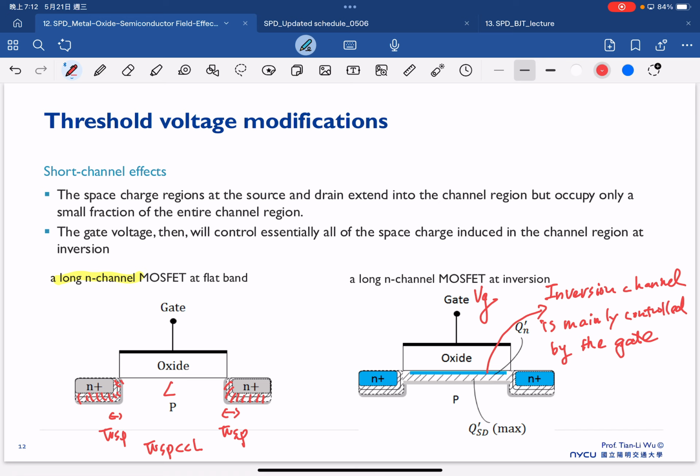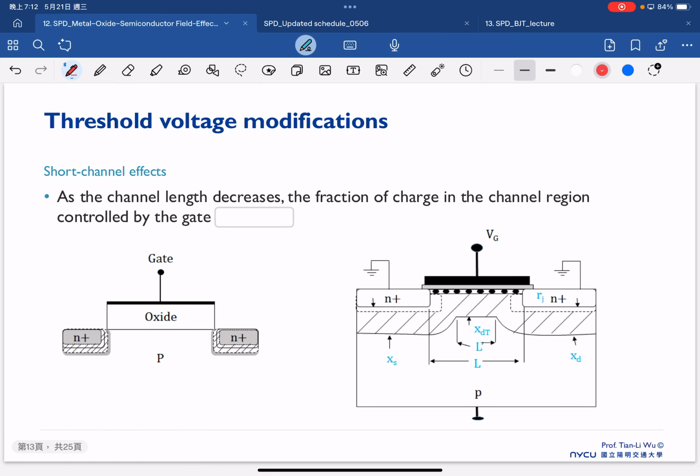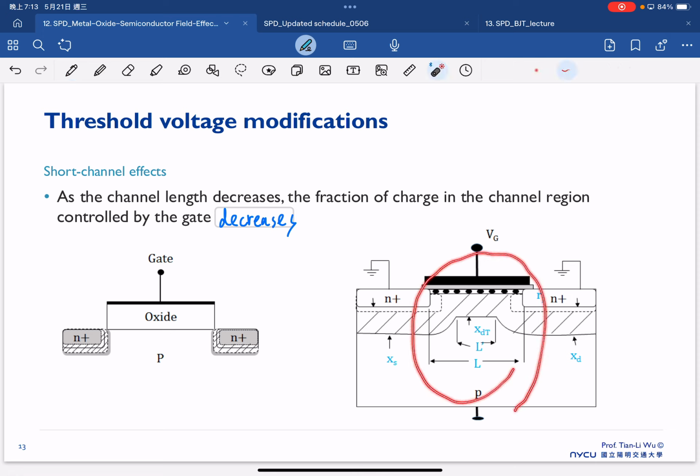But again, once we start to decrease the channel length, we have the issue that the fraction of the charge in the channel region controlled by the gate decreases. As shown in the right hand figure, this is a short channel device.